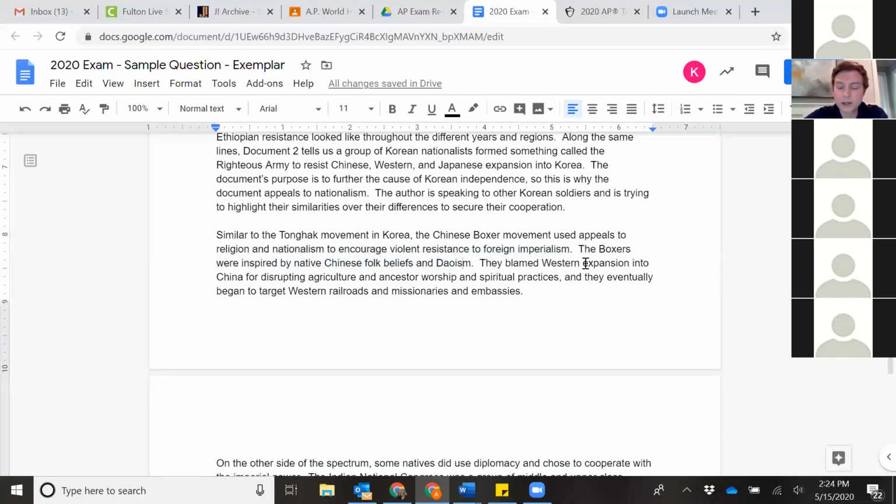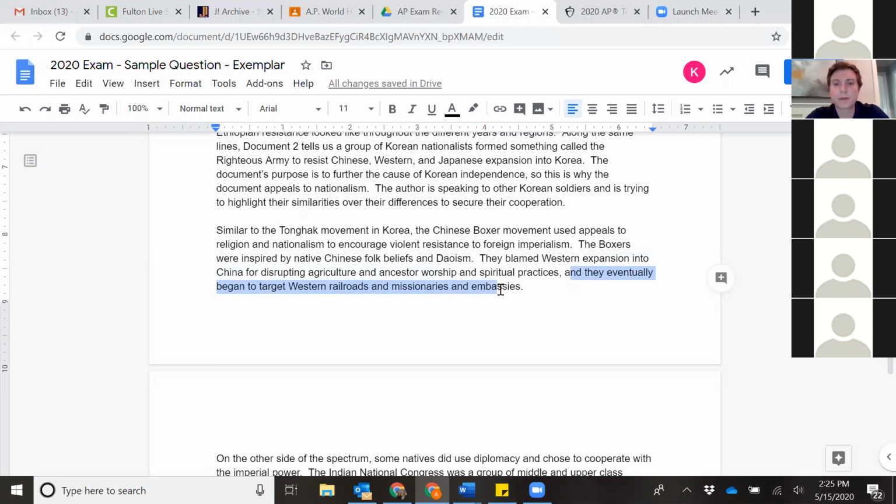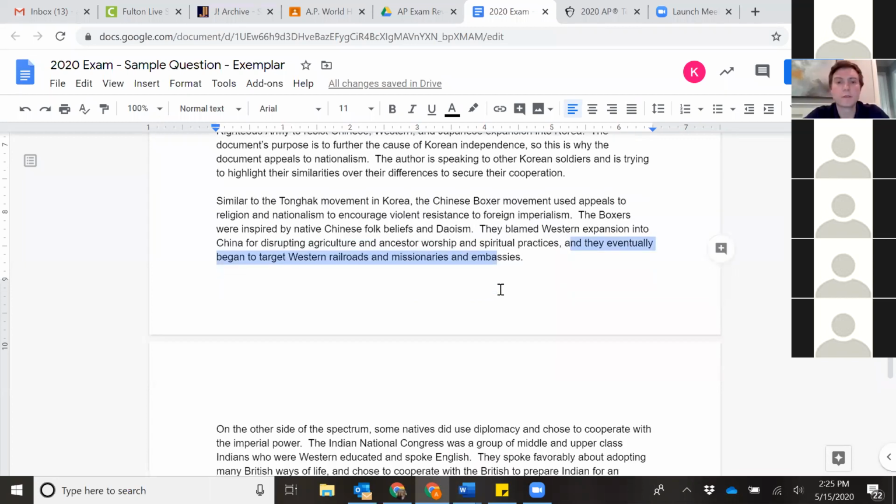They blamed Western expansion for messing up China, disrupting their land and their ancestor worship. So they eventually began to target Western railroads and missionaries and embassies and fight back. So here I brought up an additional piece of evidence relevant to the prompt that further answers the question. The Chinese Boxers were similar in using violence.